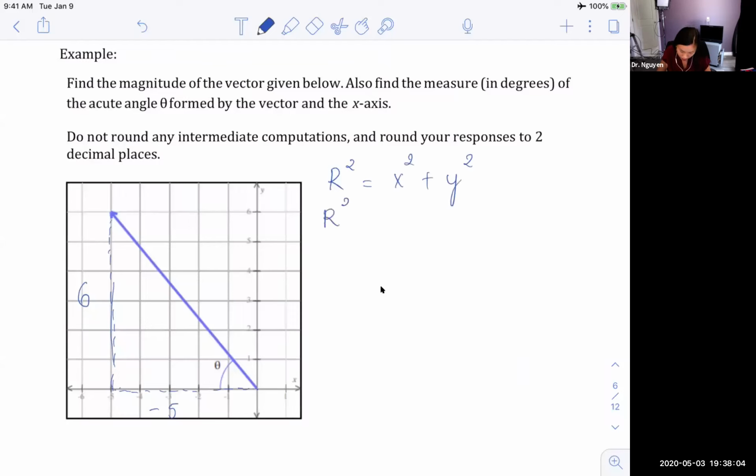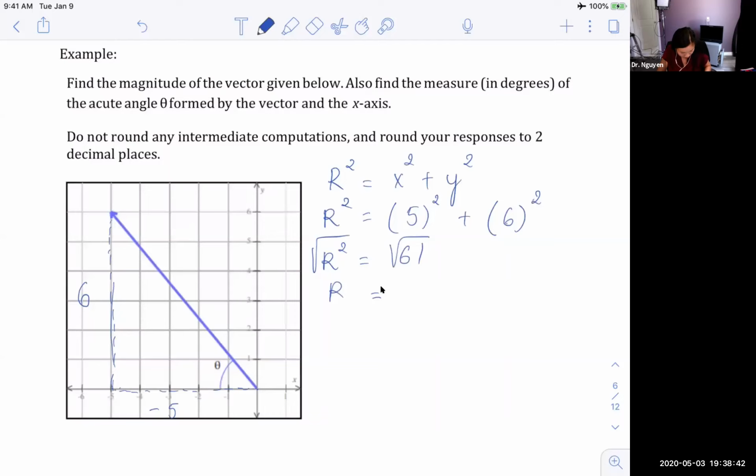So r squared is going to be 5 squared plus 6 squared, which equals 61, and then you take the square root. r is going to be the square root of 61.